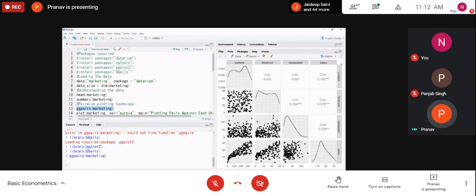Okay, so ये सारा जो आपका कोरिलेशन कोएफिशिएंट है, ये सेल्स का कोरिलेशन कोएफिशिएंट है यूट्यूब के साथ, सिमिलरली न्यूज़पेपर का यूट्यूब के साथ, फेसबुक का यूट्यूब के साथ. So this column gives me the correlation coefficient of the dependent variable with those of the explanatory variables that we are using.